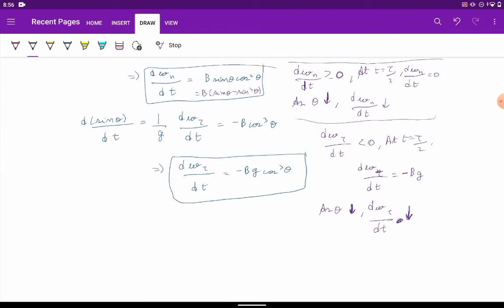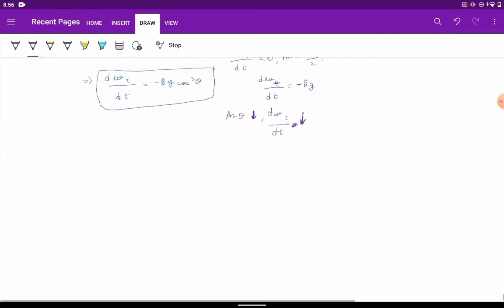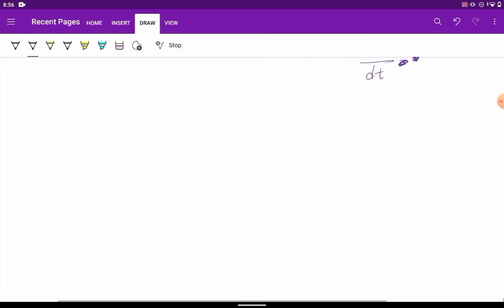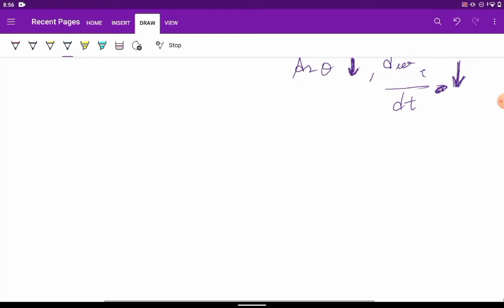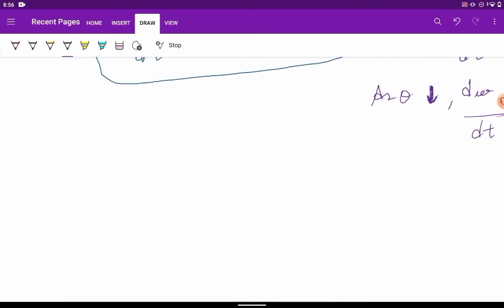So now let's roughly plot what is happening. Okay, now we plot. So let's say this is the time axis, right? This is t equal to 0, this is t equal to tau by 2, this is t equal to tau, right?